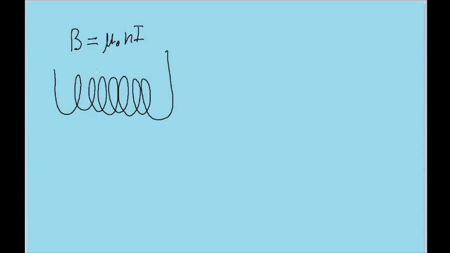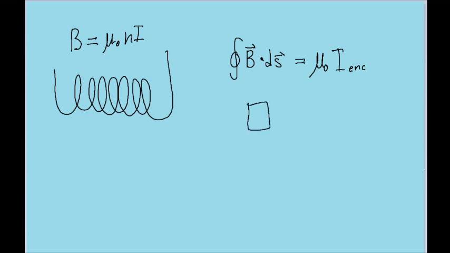So let's talk about how we can use Ampere's law to find out what the B field is through the solenoid. Let's first remind ourselves what Ampere's law actually says. Ampere's law is often written like this, and it tells us that if we have a closed loop, like a square, or a circle, or some other curve that connects back to itself and has no starting or ending point, then the total current flowing directly through that loop, multiplied by this constant, is equal to this dot product integral, which looks scary, but that's only because this is a very formal way of writing it.